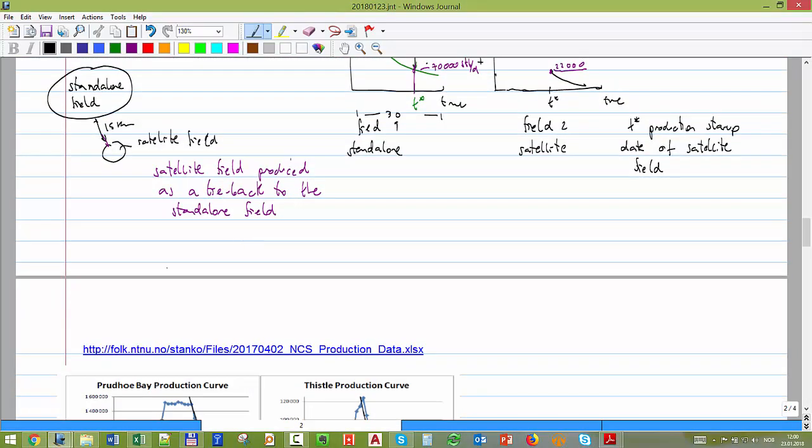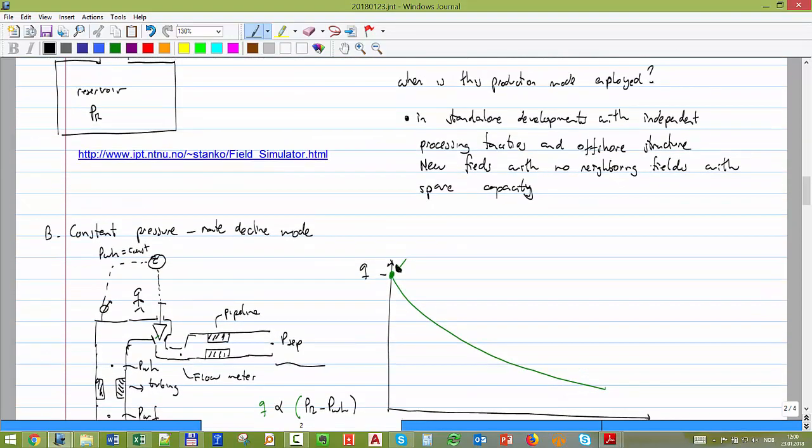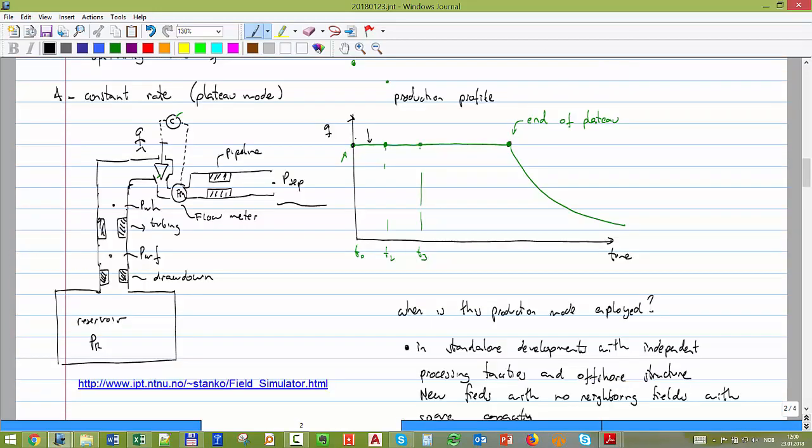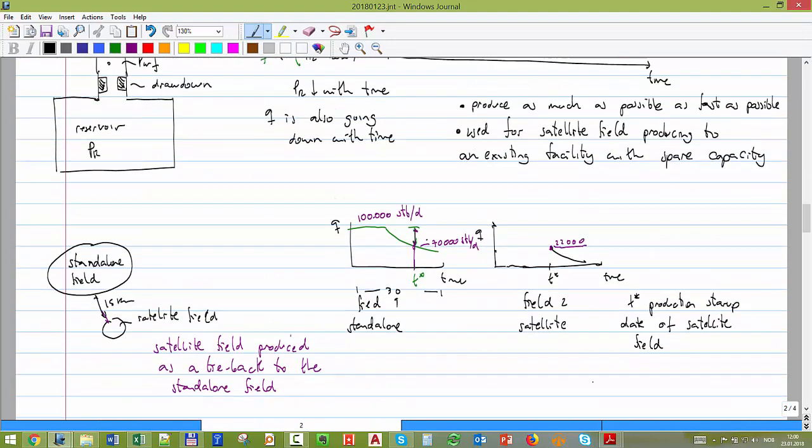They have different motivations. Plateau is usually for a standalone field where I build everything from scratch: offshore structure, processing facilities, pipelines. For decline, usually satellite wells are very marginal fields of small size that I want to produce to a neighboring field.